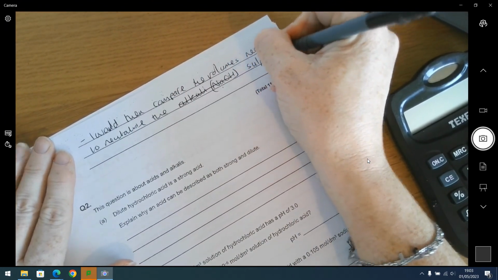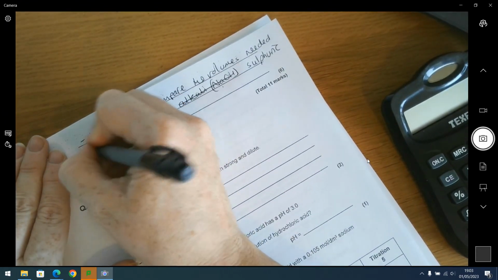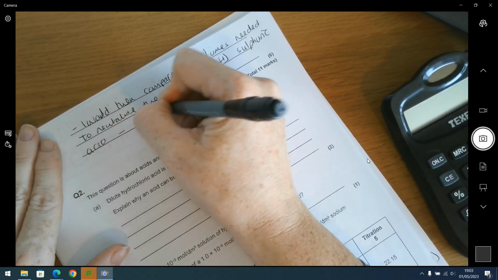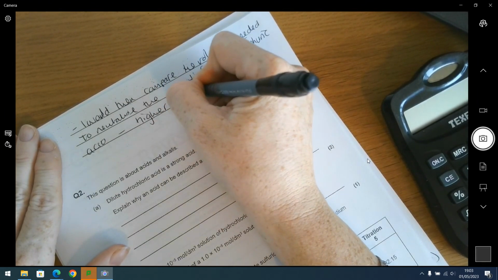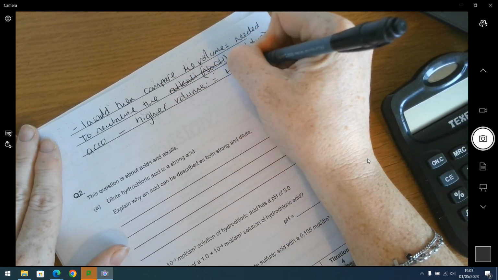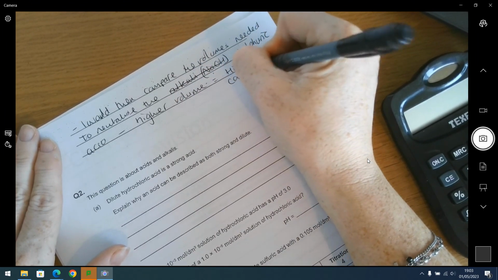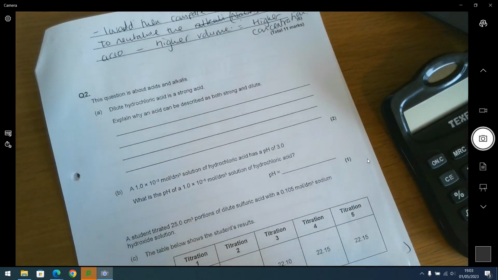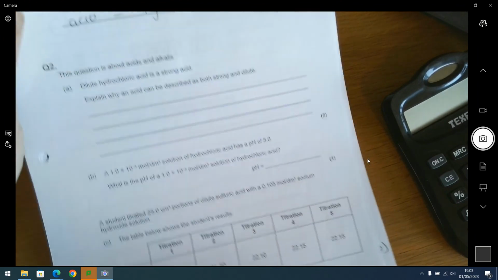This is why you need to check the picture. Sulfuric acid, higher volume equals higher concentration. And that's how I would use this process to work it out. Okay, so that's a 6 marker, but again, I would just put literally down the side things I need to keep myself right around it.